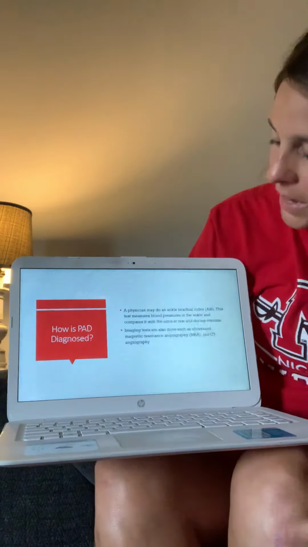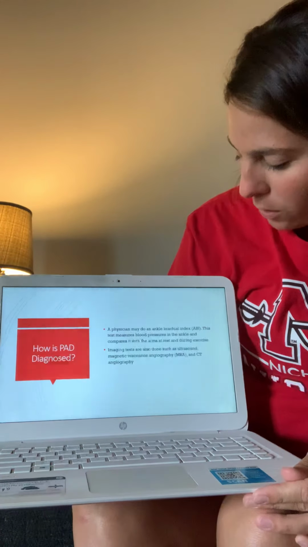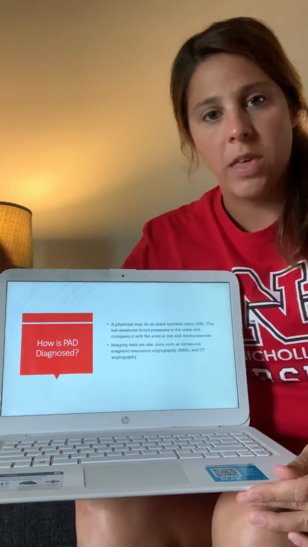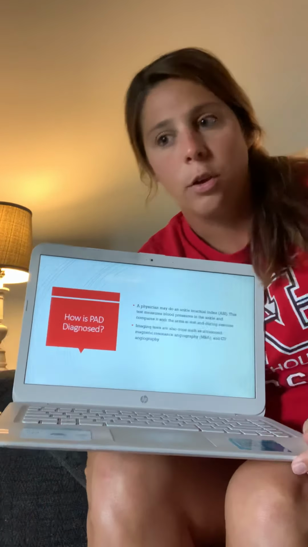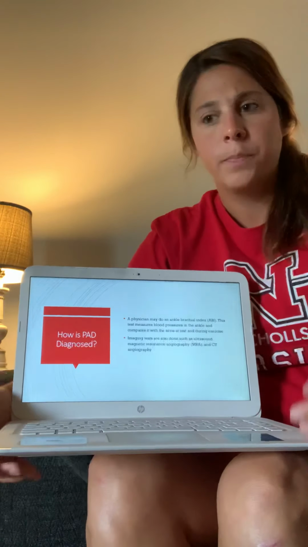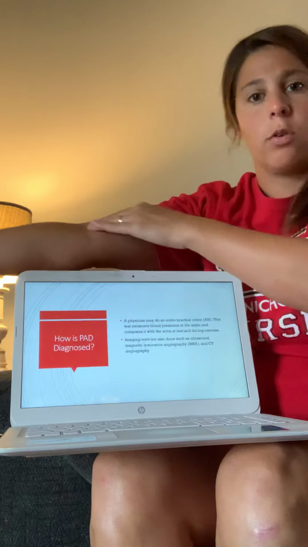PAD is diagnosed with what's called an ankle brachial index. They use a Doppler and put it on your foot at the posterior tibial artery, and then they have it on your arm at the brachial artery, and they do your blood pressure.